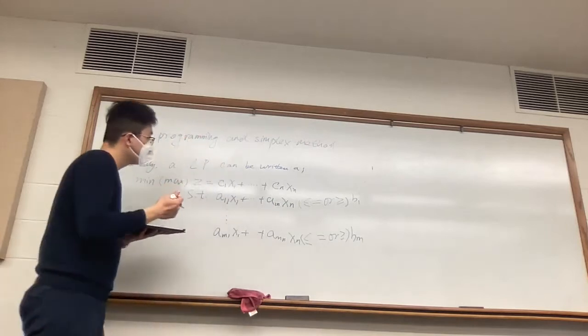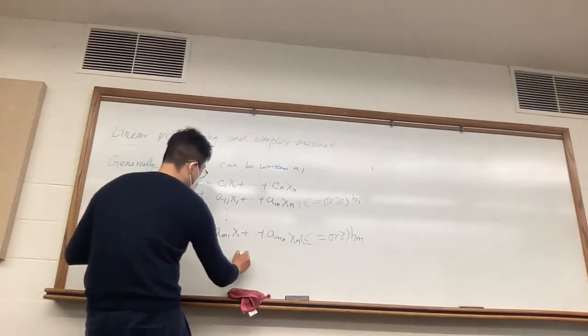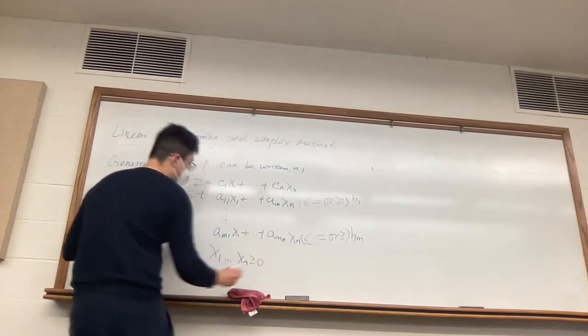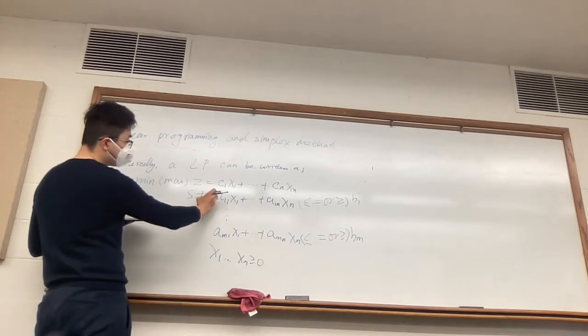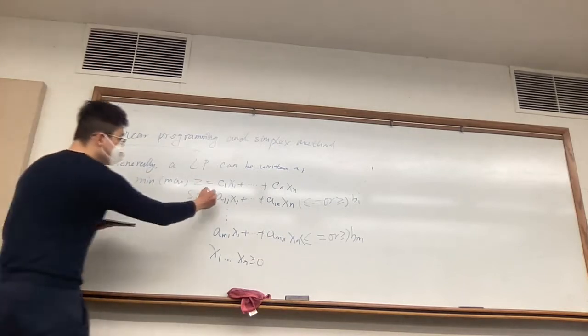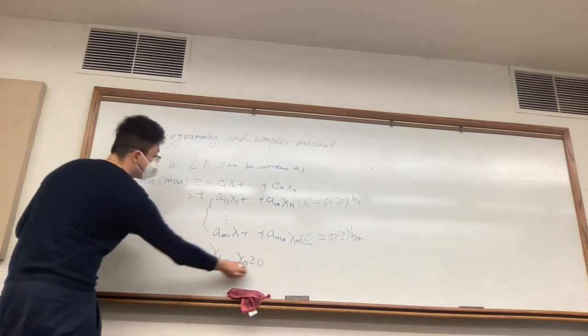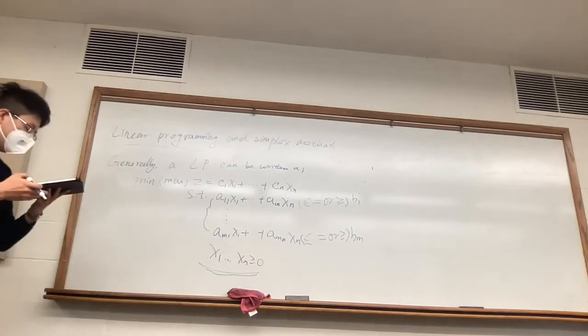And also, you can say that x1 up to xn are greater than or equal to 0. So how many constraints do we have? We have m plus n constraints, right? These are m constraints and these are n constraints. These may look a little bit weird, but I will explain later.